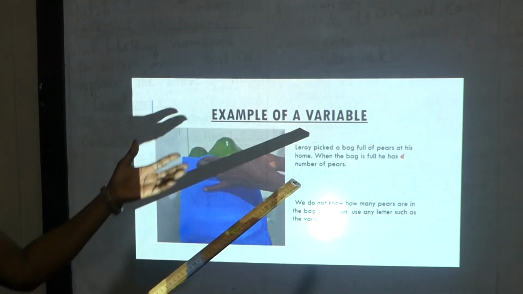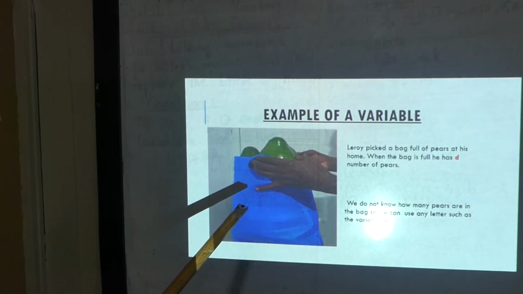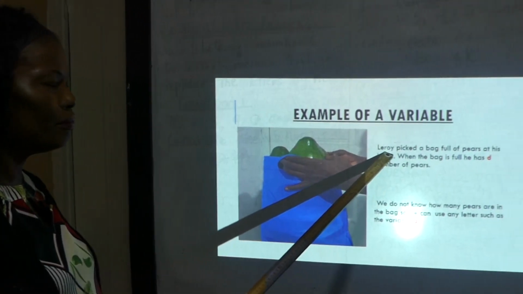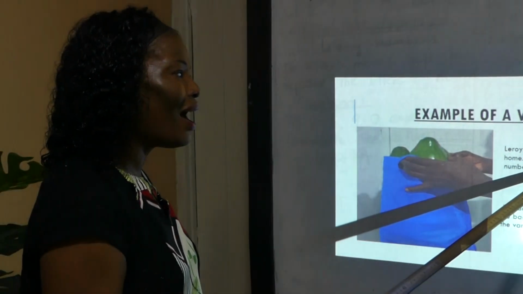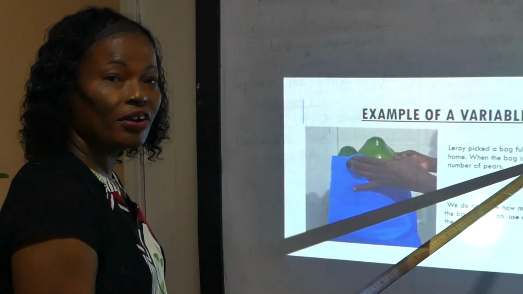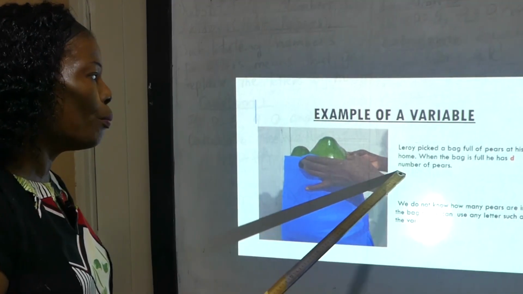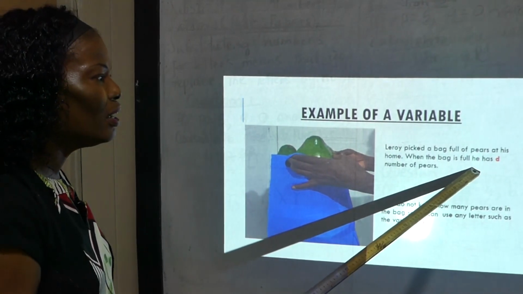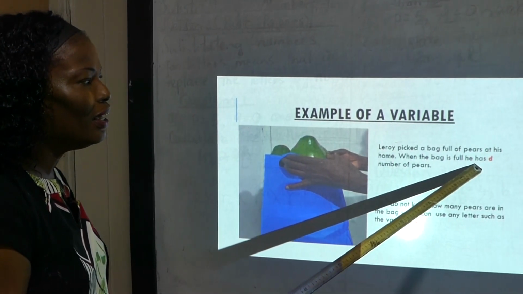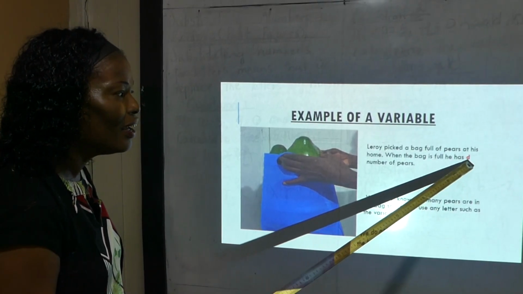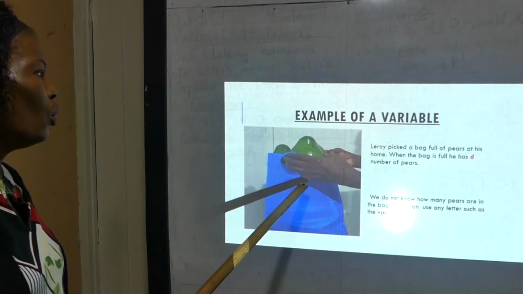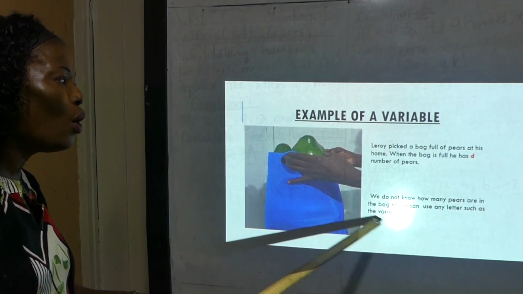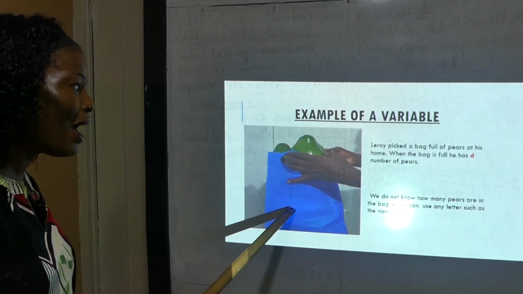For example, here we go. Leroy, and Leroy is my brother, he picked a bag full of pears at his home. When the bag is full, he has a number of pears. Now, we do not know how many pears are in this bag.